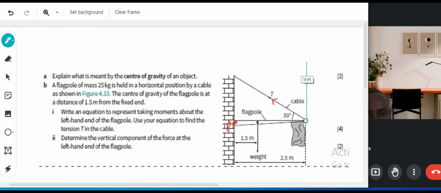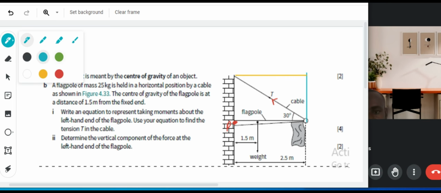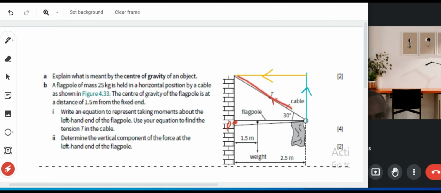So if we resolve it into two components like this, horizontal and vertical components, the line will run this way and the other one will run the other way. What we resolved is the T into two components.